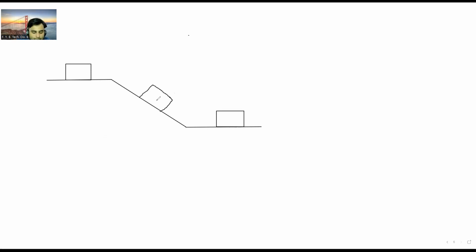So three blocks are kept. Here, pulleys are also there. On these pulleys, the string is passed. These are the pulleys, and the string is passed over these pulleys. It is like this.